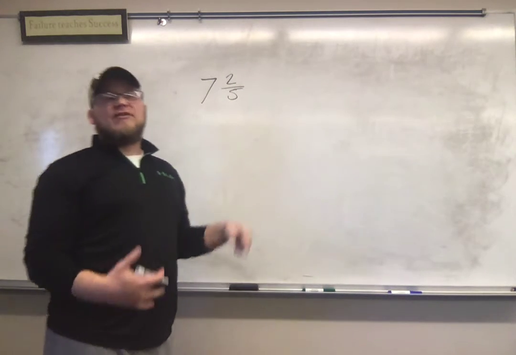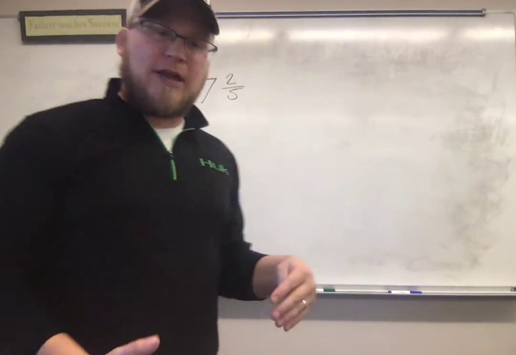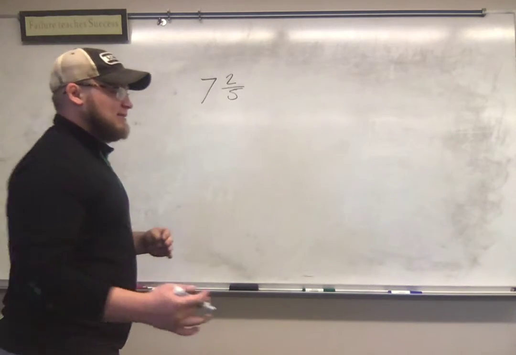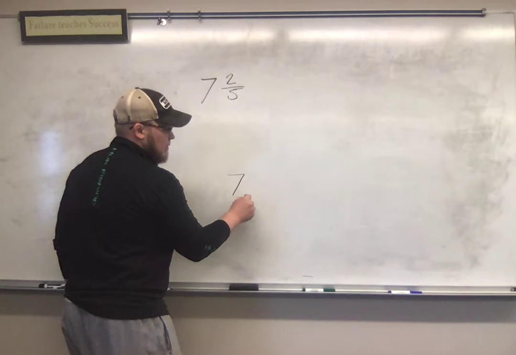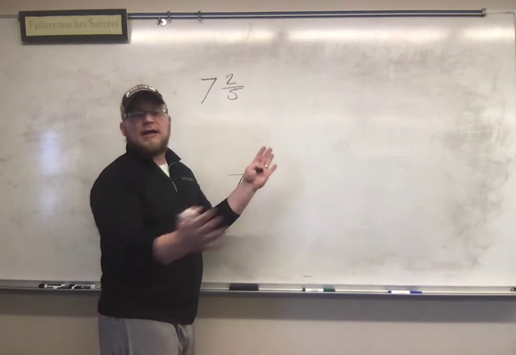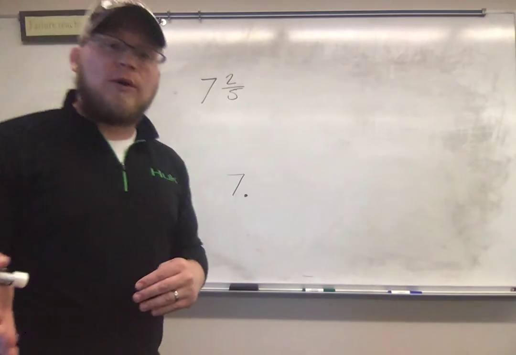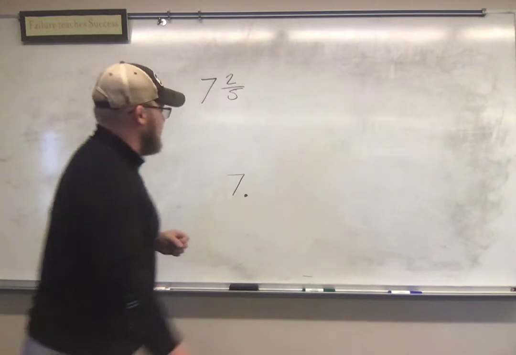You just don't have another whole number to get to 8. So when you write this as a decimal, you know your answer is going to say 7 point blah, blah, blah. We don't know yet. We will know when we divide the 2/5. So let's go ahead and do that.